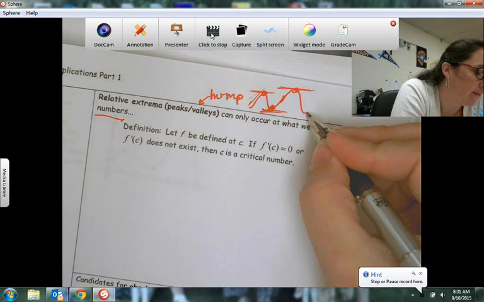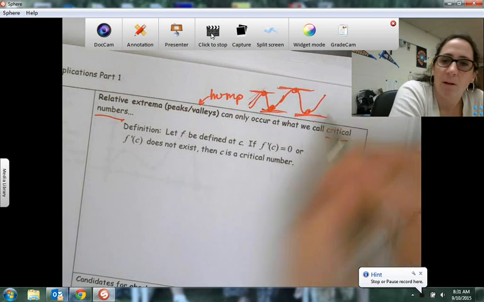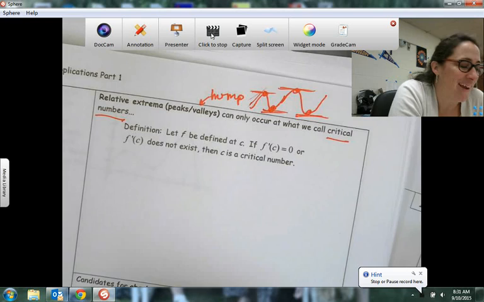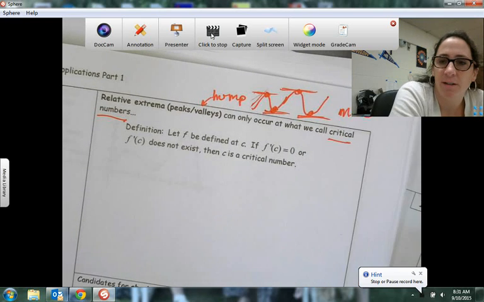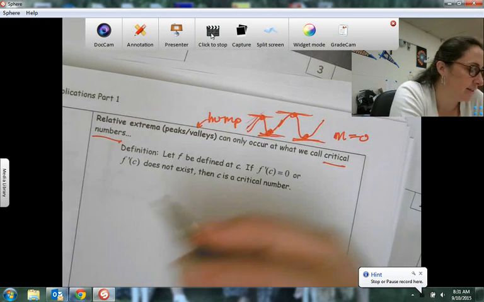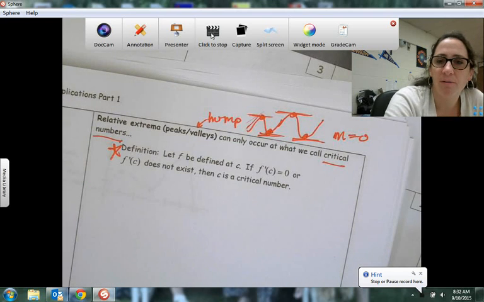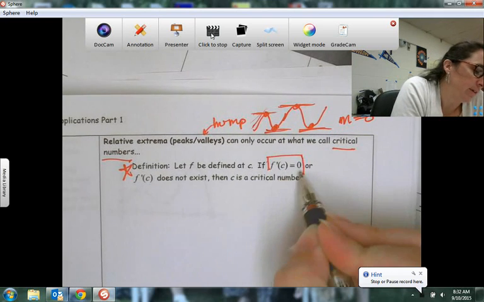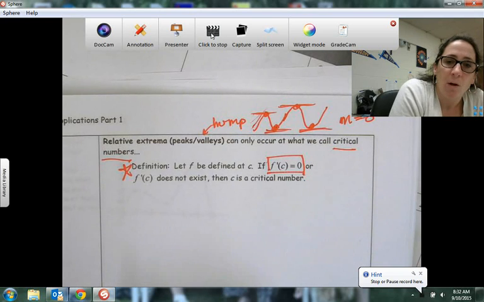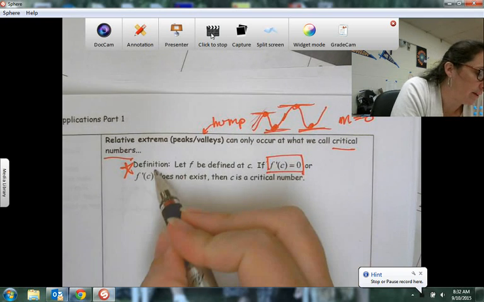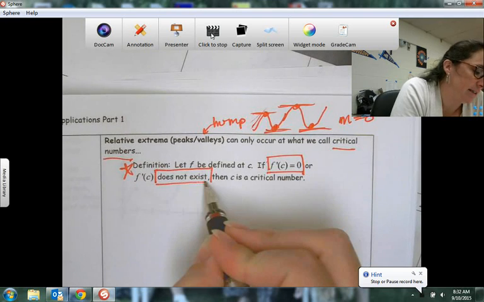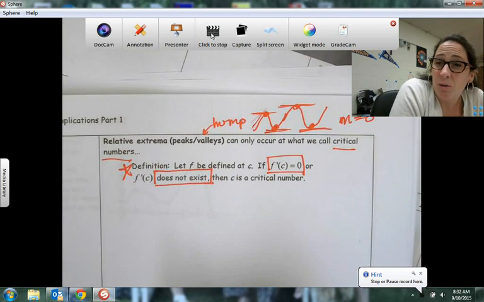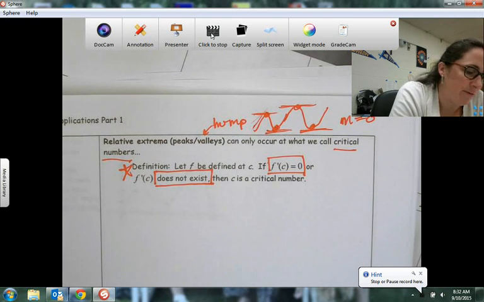Okay, so again, for relative extrema, we're going to find where f prime of x equals 0 and f prime of x does not exist. Those are for relative extrema. Now for absolute extrema, you have to include one more thing, and that's the endpoints of the interval. Okay, so if you have endpoints, those are also.